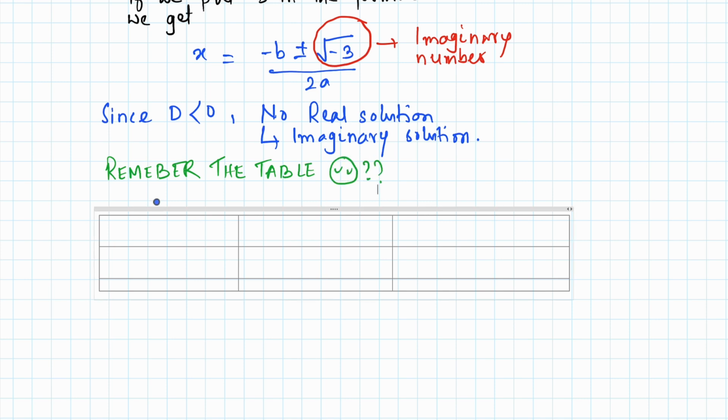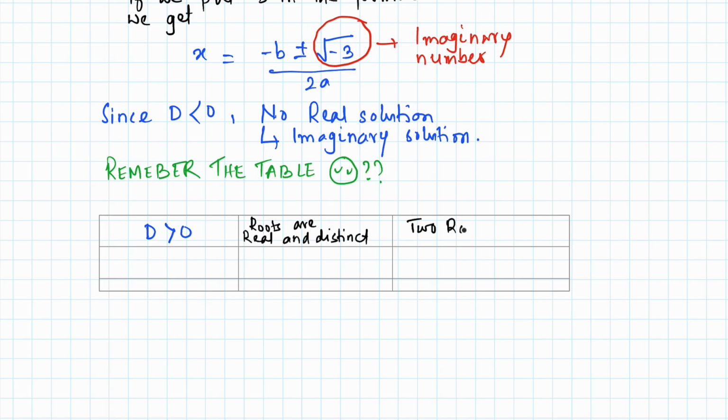First, when d is greater than 0, d is a positive number, so the roots are real and distinct. We get two different roots, x1 and x2. Now if d is equal to 0, the roots are equal, so both roots are the same, say x.